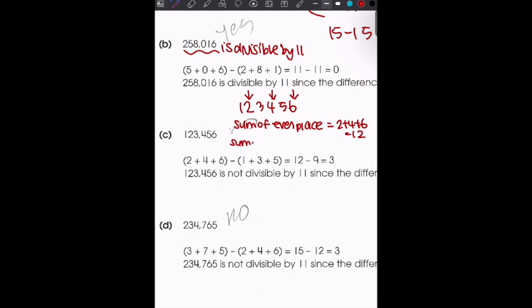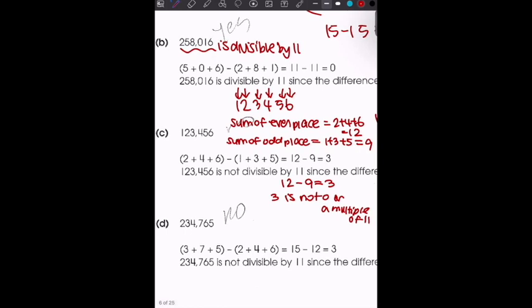Now the sum of the digits of the odd place is going to be 1 plus 3 plus 5, which is equal to 9. And so the difference is going to be 3, and 3 is not 0 or a multiple of 11. So we know that 123,456 is not divisible by 11.